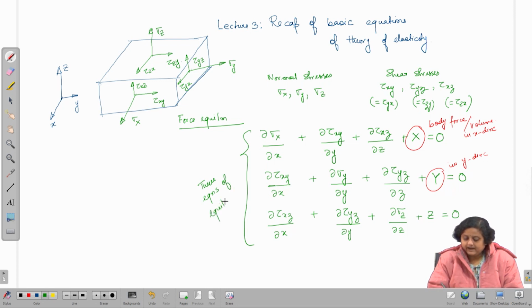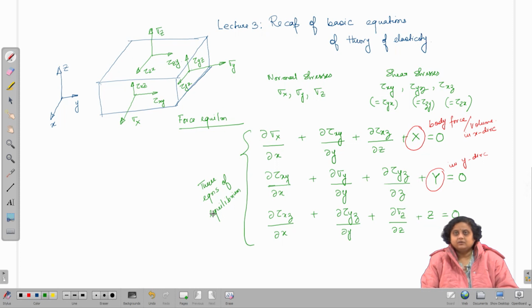So, a body under any form of stresses, any set of normal and shear stresses, should satisfy these three equilibrium equations in order for the body to be in equilibrium.